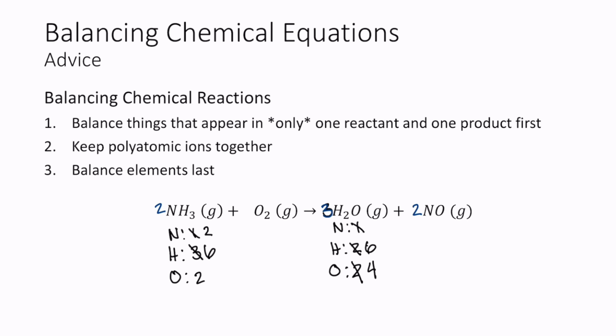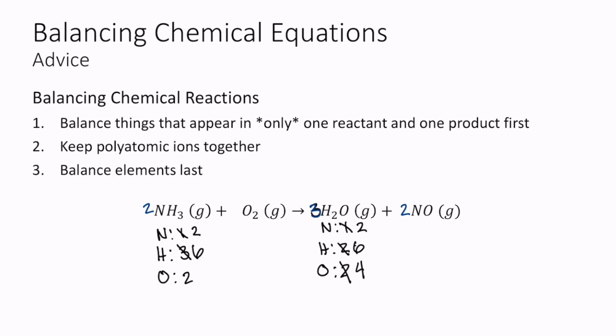And when I do that, I change my nitrogen count to 2. And now my oxygen count has also changed. So how many oxygens do I have now? Yep, we now have 5 oxygens.